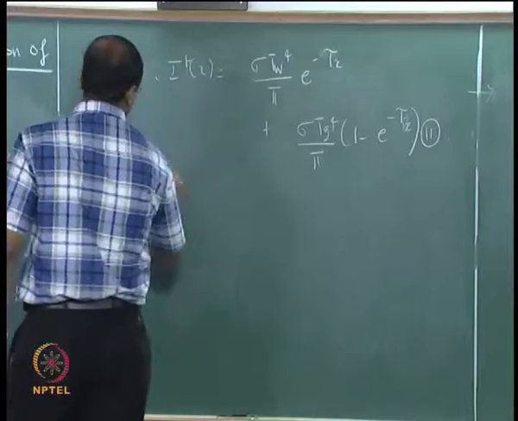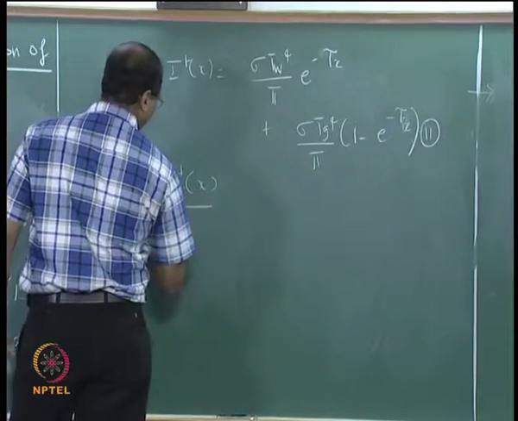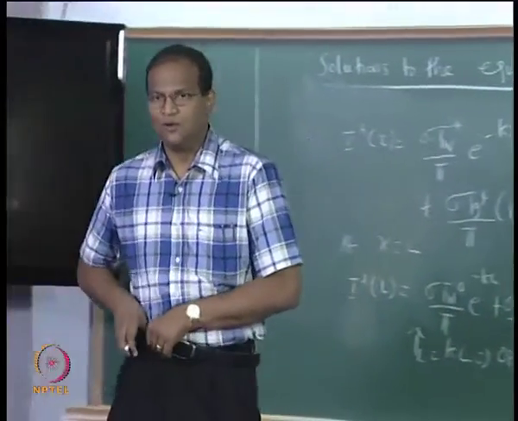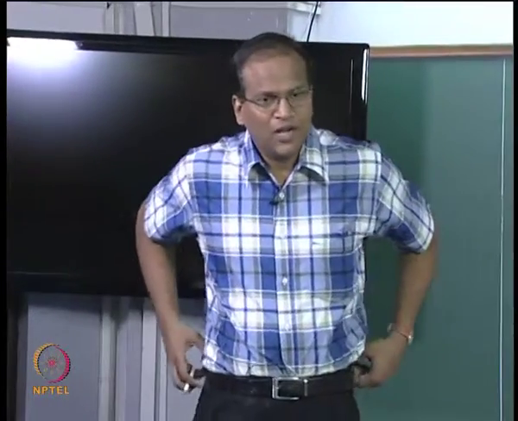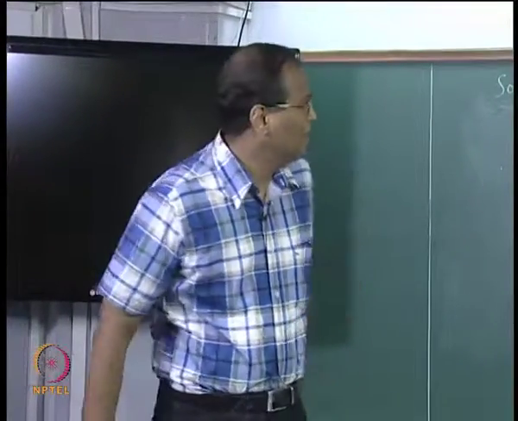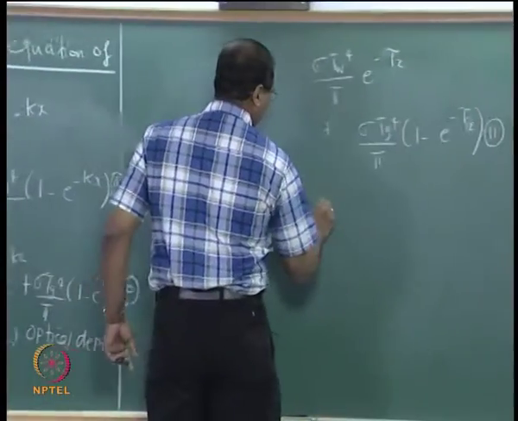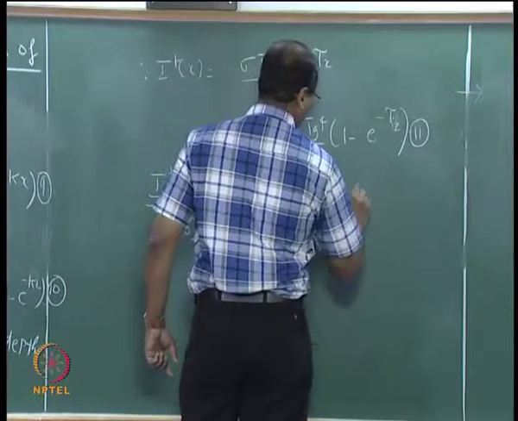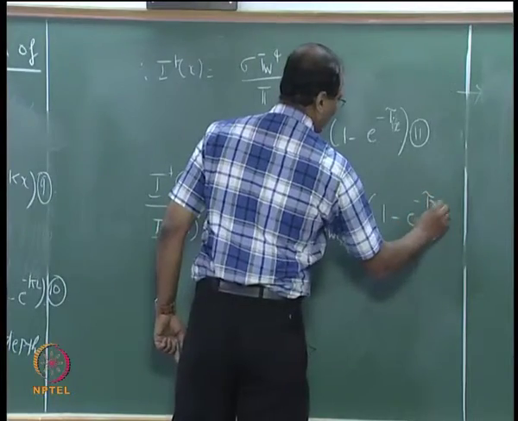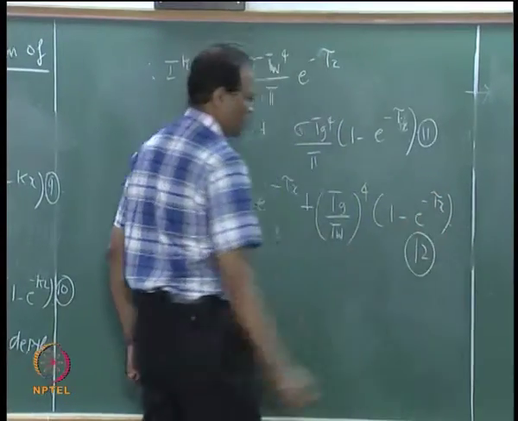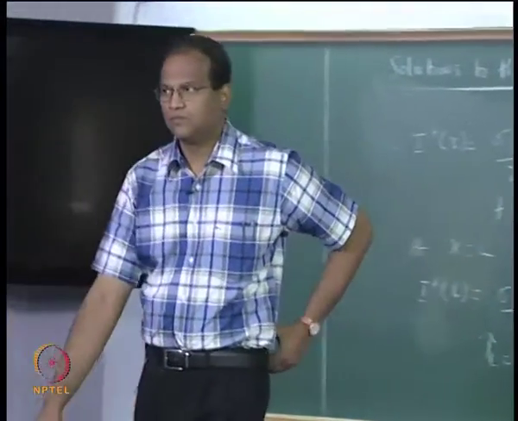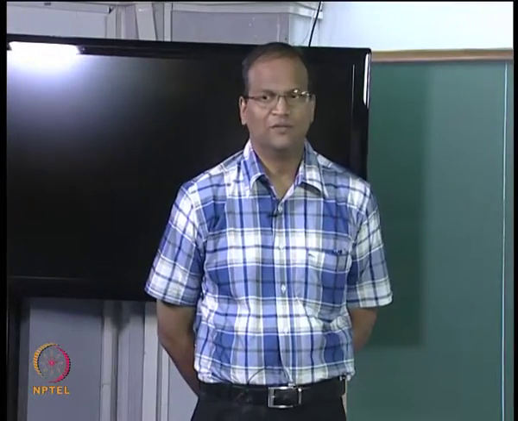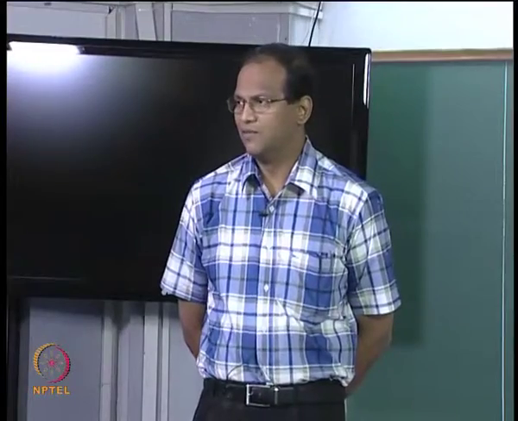So what is this ratio? I want to find out the intensity at x divided by the intensity at 0. What is the intensity at 0? Sigma Tw to the power of 4 by pi. If you do that, what we get is, okay. This is a performance metric for the gas layer of thickness L.